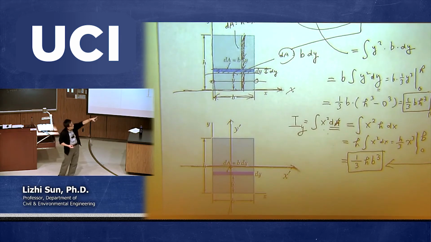Now you use the same equation, 1/3 b h cubed. Compare the increase of b versus the increase of h. b is linear, and h cubed is nonlinear. That's why you would like to design a beam with the larger h, so that it is difficult to bend. The same material, the same cross-section area, the same span. If you can design well to increase this I, then you can have a much stronger beam. And that's exactly the concept from the moment of inertia.